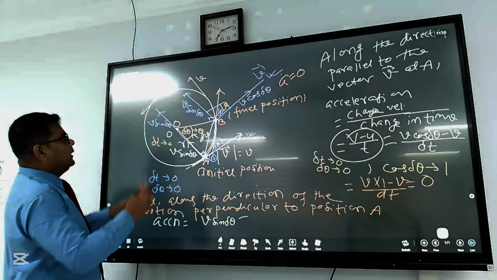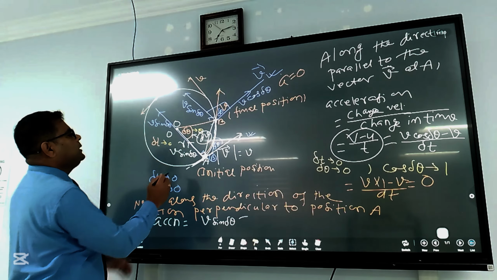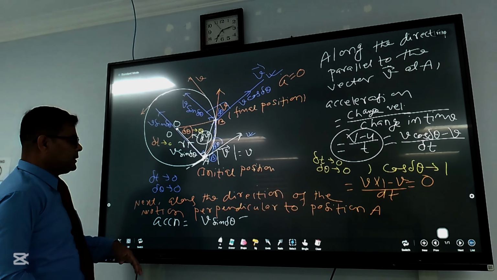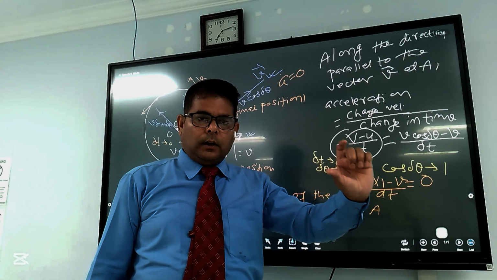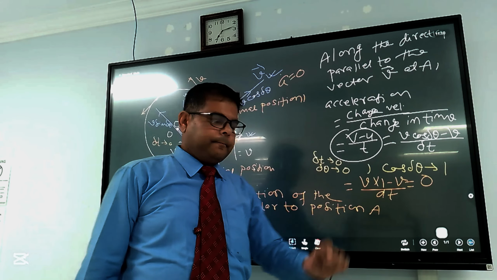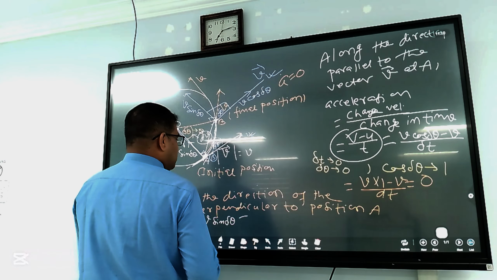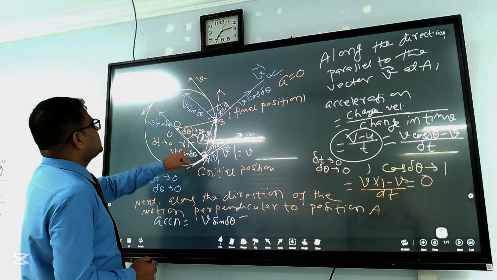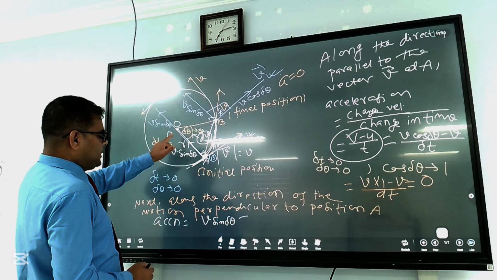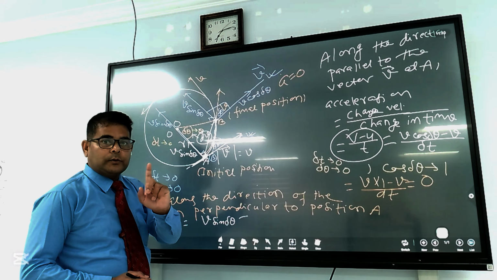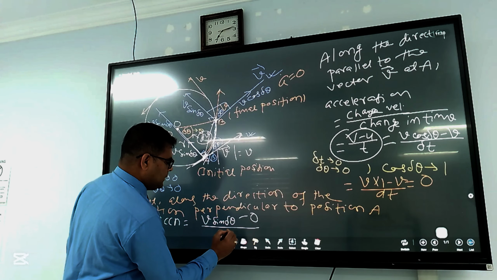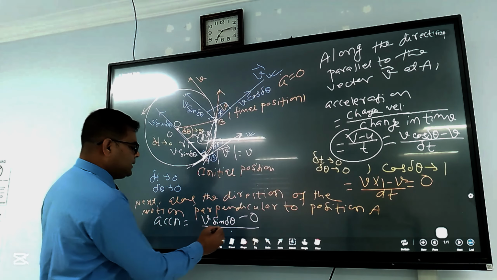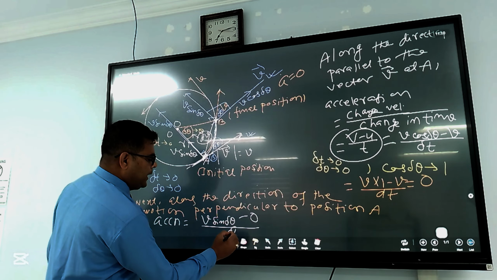So if the change in velocity, dv, is towards the center, that means acceleration acts along the direction of the change of velocity. And hence we see in this case, towards the center at this point there is no velocity. That means this is 0, and divided by it, the change in velocity by change in time, and time is here del t.